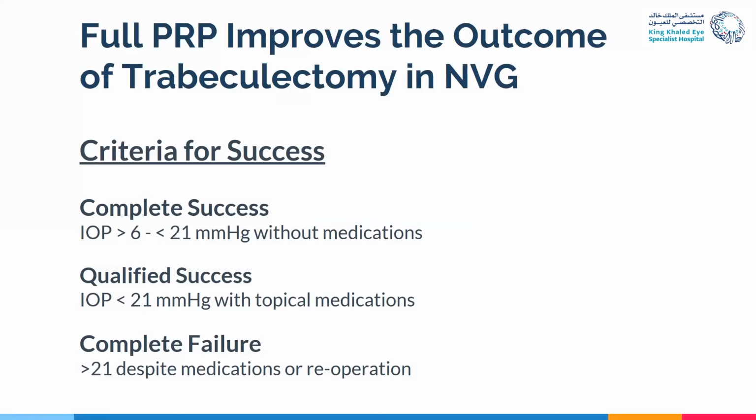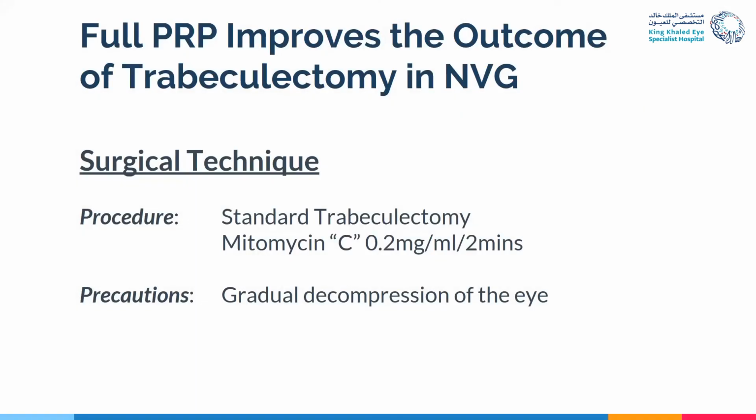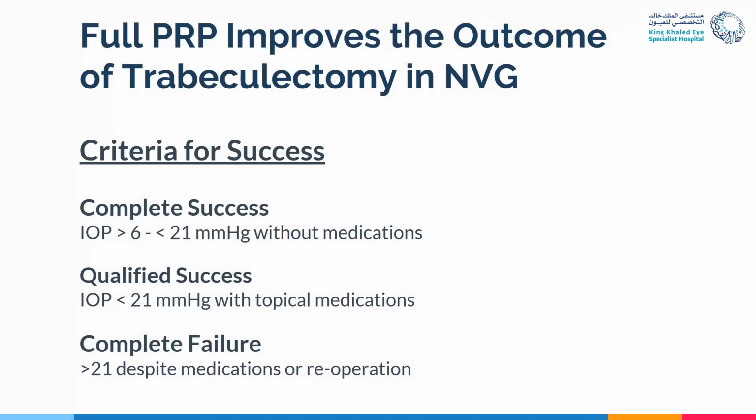So the standard trabeculectomy with gradual decompression of the eye. Without going into details, the criteria for success: a complete success is an IOP from 6 to 21 without medication, qualified success is equal to or less than 21 with topical medication, and failure is those with medication above 21.